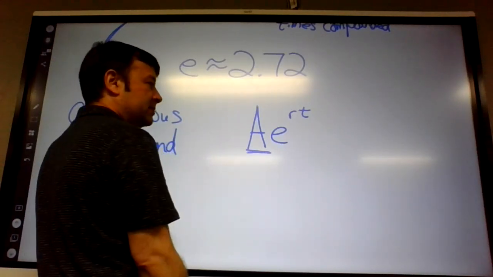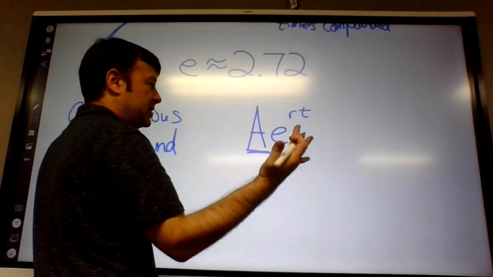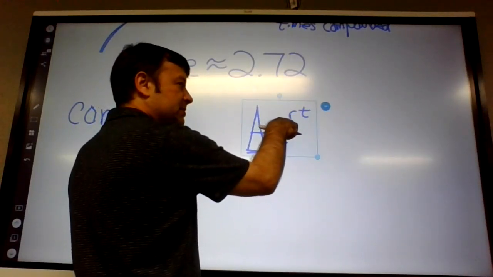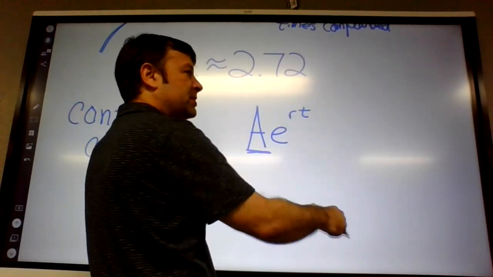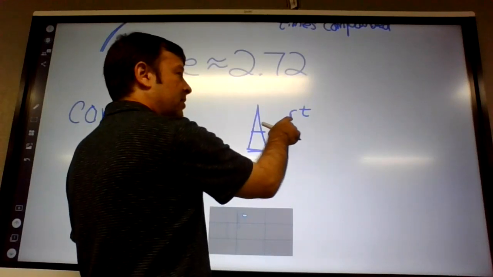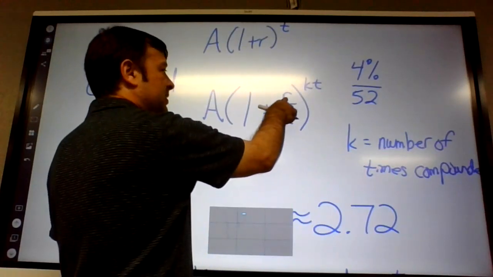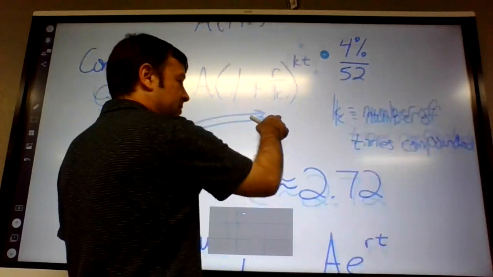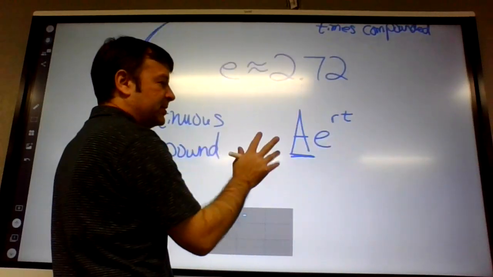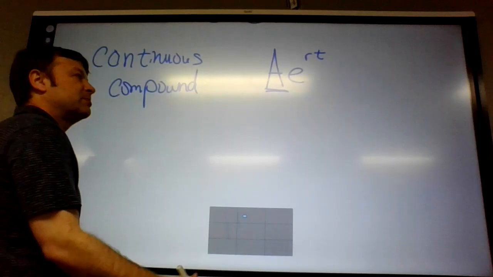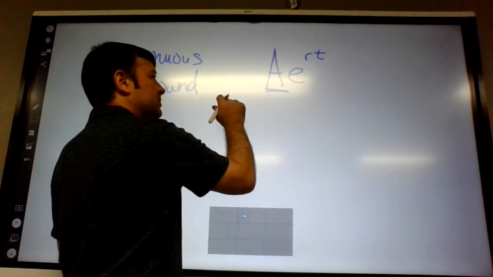Like the starting amount. If we're doing money, it's like the investment or whatever. And then the R would be the rate, and the T would be the time, just like normal. But the R is in a different place than it was, right? Instead of over here, it's out here on the exponent. I can't remember. There's a reason for that. I kind of forgot. Not gonna figure it out either. But anyway, that's the little formula.